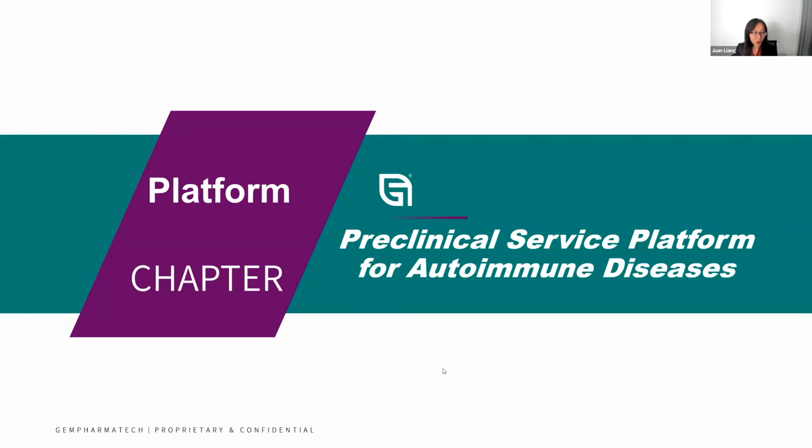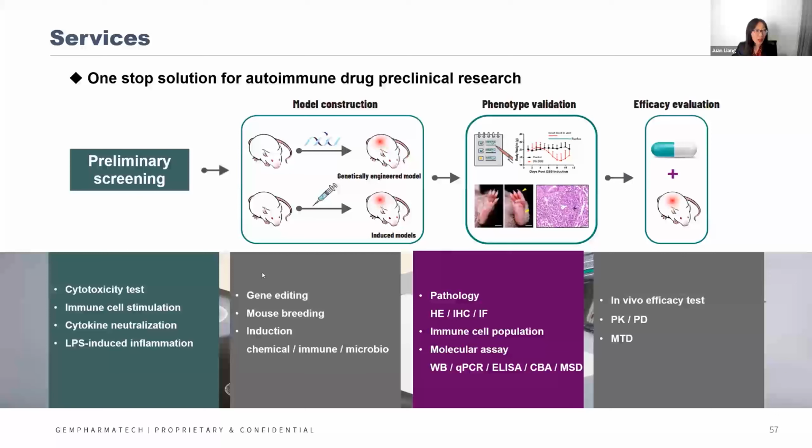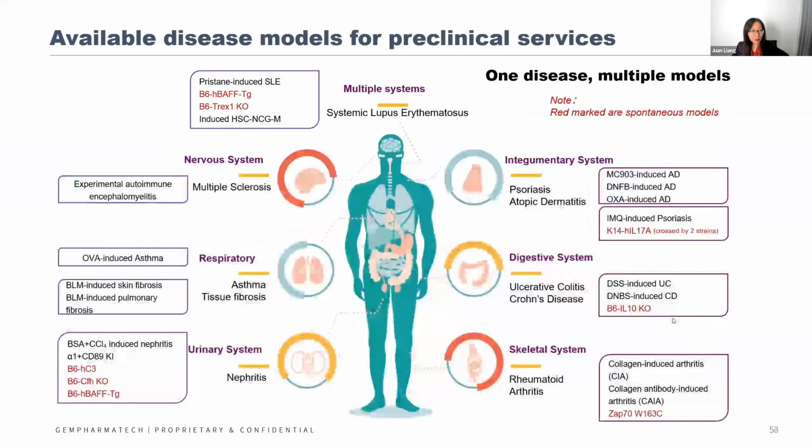Last, I would like to introduce the platform for autoimmune disease at GemPharmatech. Now we can provide a one-stop solution for autoimmune drug preclinical research, including preliminary screening, model construction, phenotype validation, and also drug efficacy evaluation.